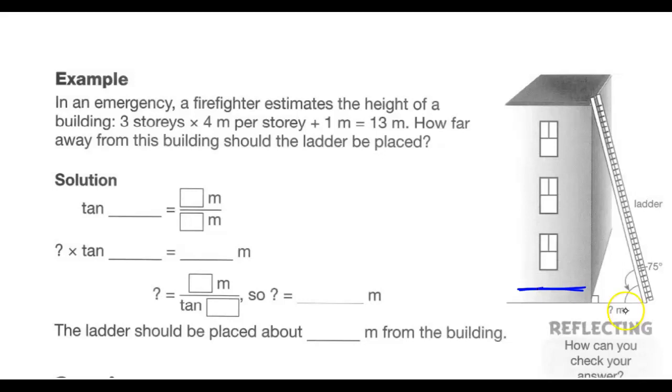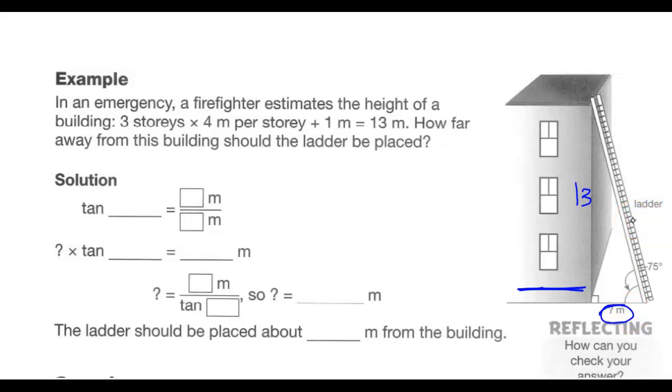So we are wondering what this distance is here. This is 13 meters high. We know this angle is 75. That's a proper angle, as I mentioned before, ladders have a certain angle that makes it safe. And so they want to know how far away to put the ladder. We don't need to know the length of the ladder.